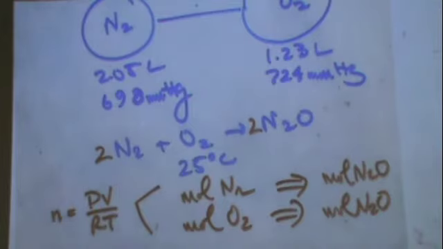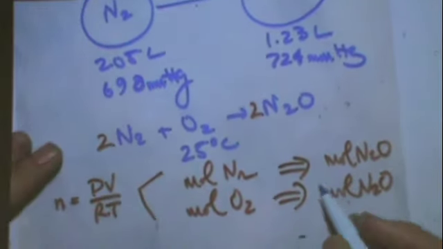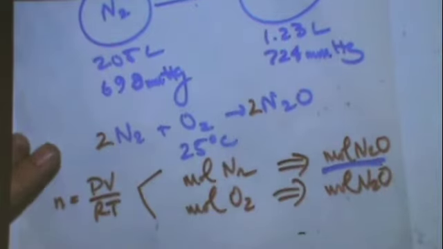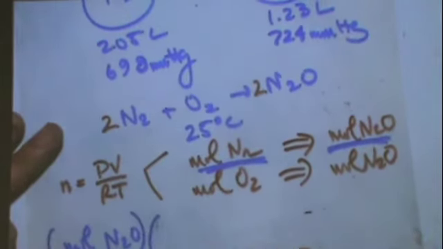You want to do part B also? Yeah. Part B says how many moles of the excess reagent remain. So the answer from part A is nitrogen is the limiting reactant. The way I set these up, remember this is going to be your limiting right here, the one I have underlined. You start with your moles of the correct answer, and then you do a molar ratio to go to your excess.